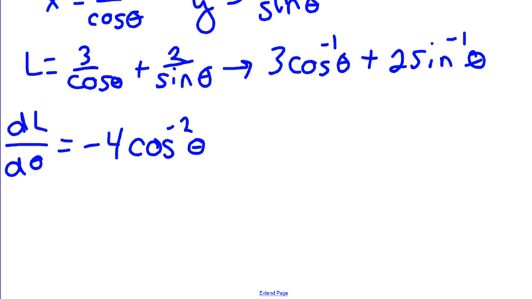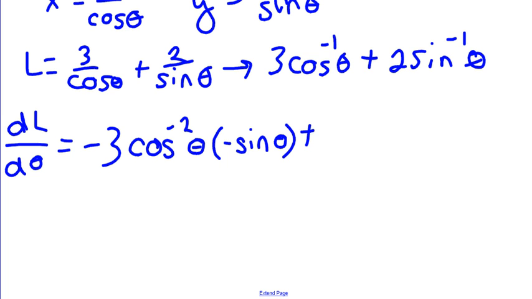I don't know why I made that a negative 4, that should be a negative 3. Sorry about that. The negative 3 times the cosine to the negative second of theta, and then the derivative of the cosine of theta we learned in the last section, so times the opposite of the sine of theta, or negative sine of theta, either way you want to think about it.